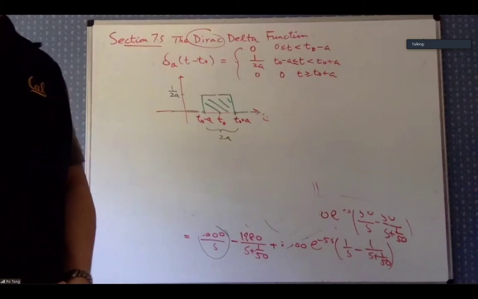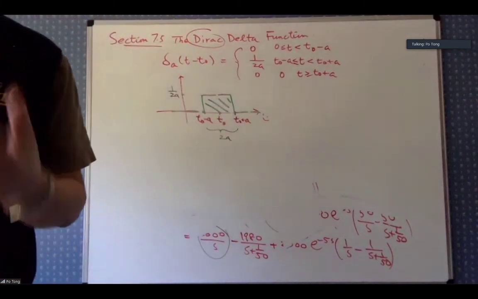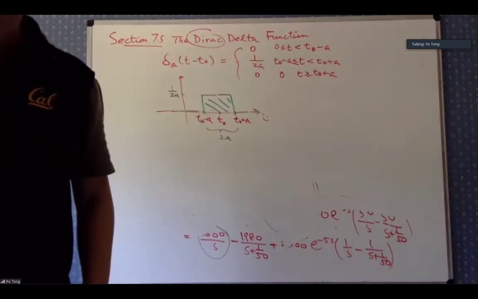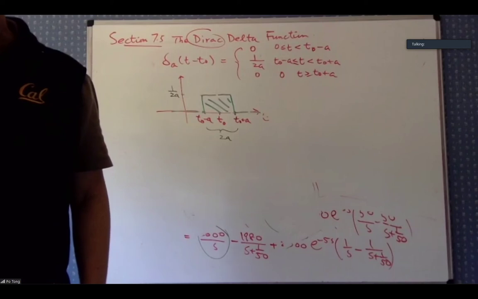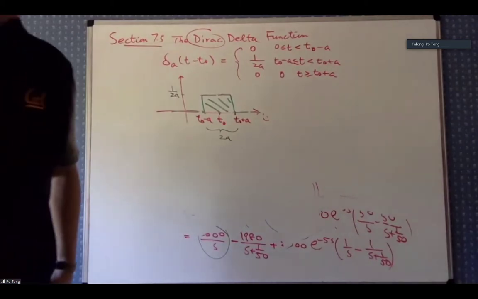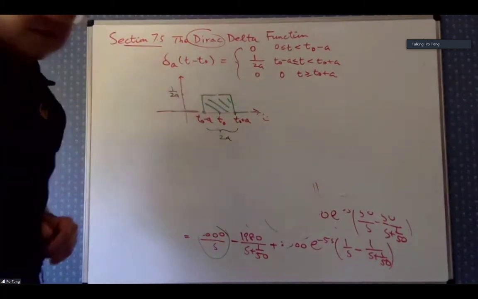And the width is 2a. How do you compute the area of a rectangle? So what do we have? It's 1. So this guy is 1.